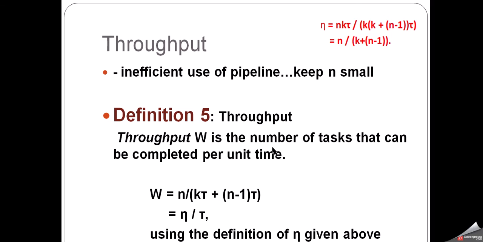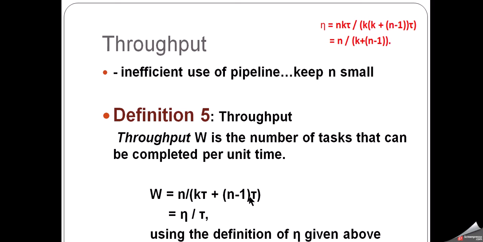Throughput W is the number of tasks that can be completed per unit time. It's actually very easy. So you're wondering what the throughput is. It's the number of tasks that have completed divided by the time it takes to complete those n tasks, which is k times tau plus n minus 1 times tau, as we've seen already.